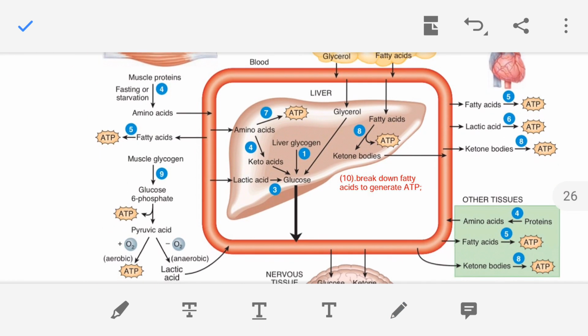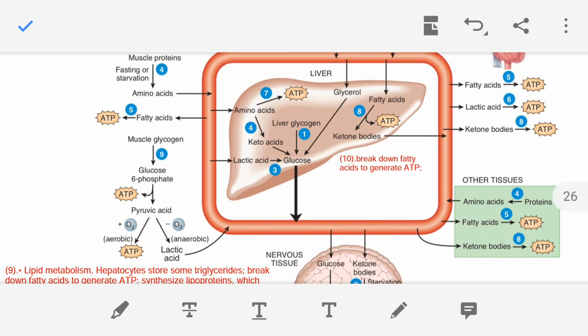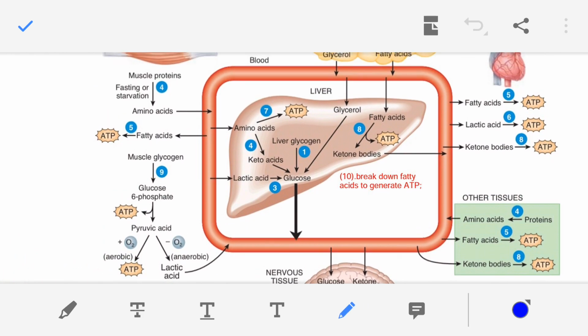So here you see, this is the liver glycogen, and it is broken down into glucose, and this glucose is entering into the bloodstream.